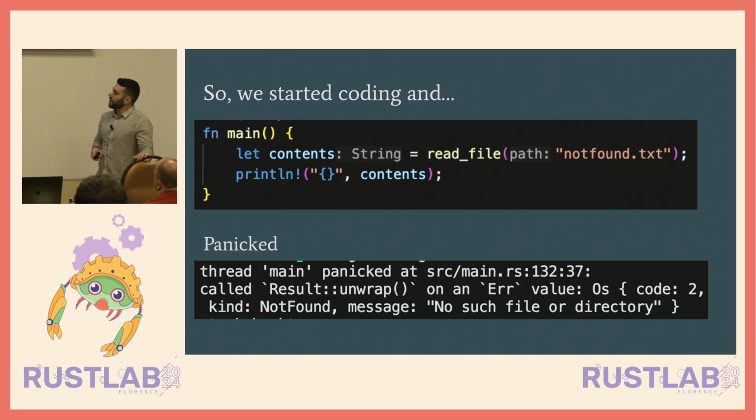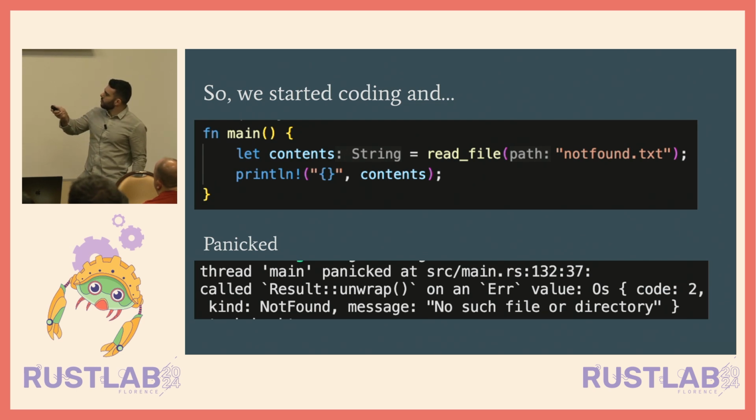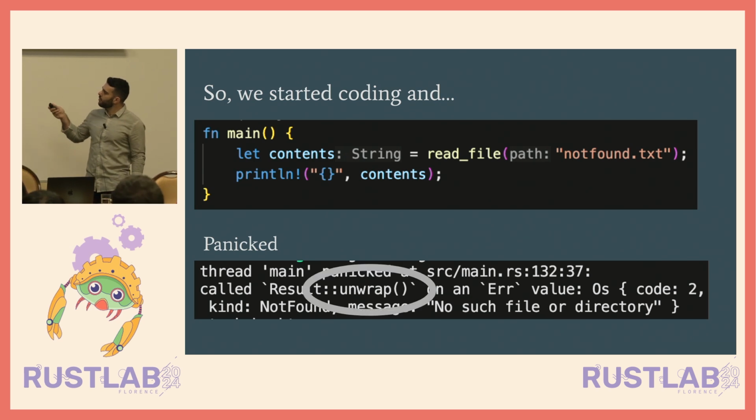When you start writing Rust, you're not taking care of error handling, of course. You see all the examples on the internet, and you just see unwrap everywhere. So this is what we did. We saw this panic message, and we now know that the main thread panicked because someone called the unwrap function on a Result type. The variant was an error, and then we got the message: no such file or directory.